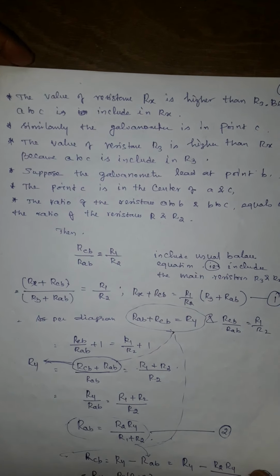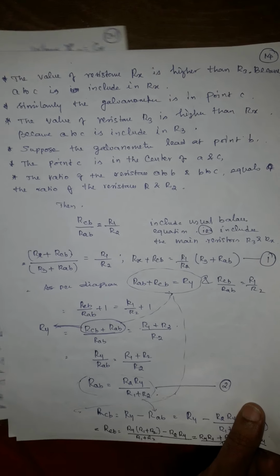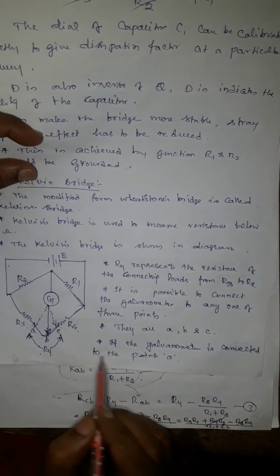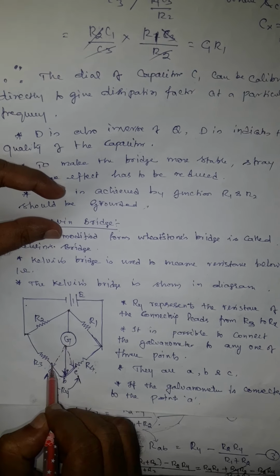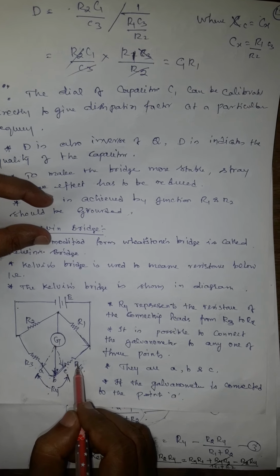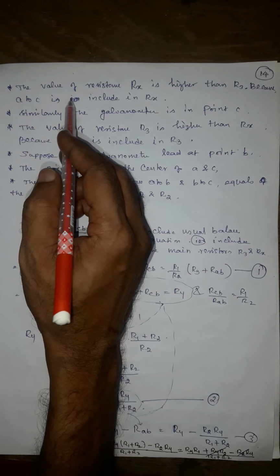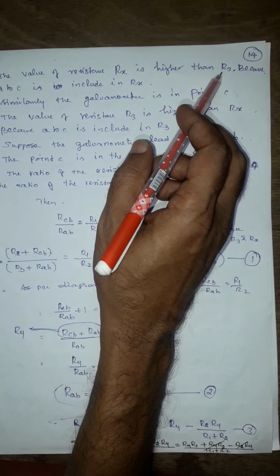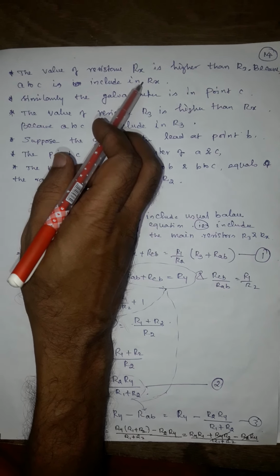the value of the resistance Rx is higher than R3 because A to C is included in Rx.